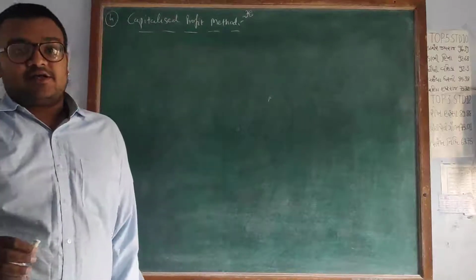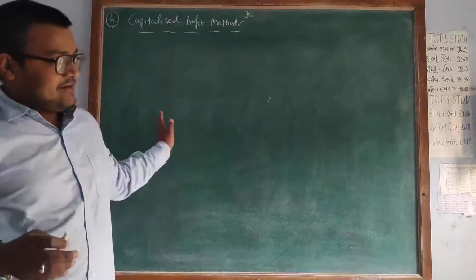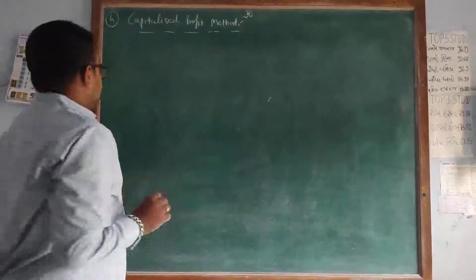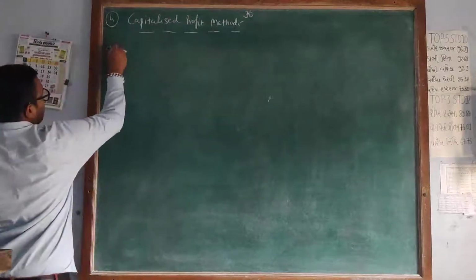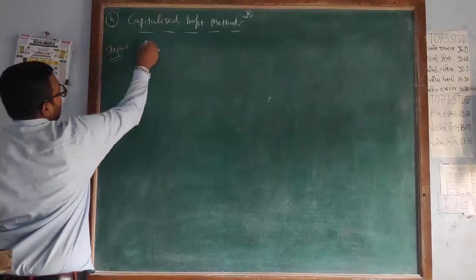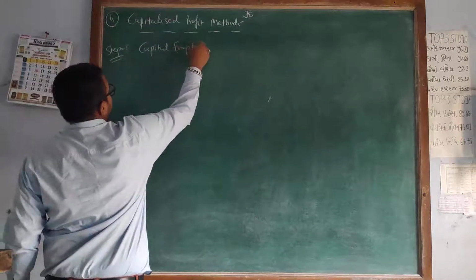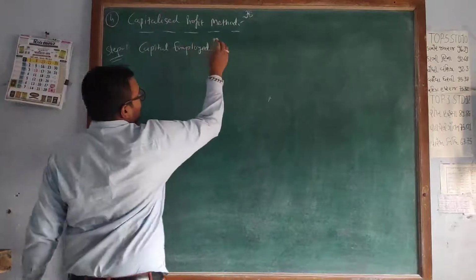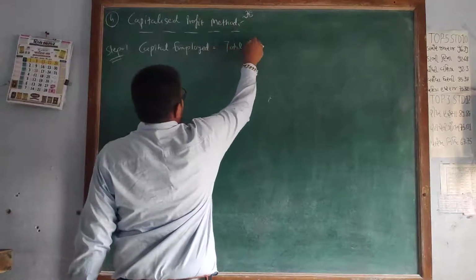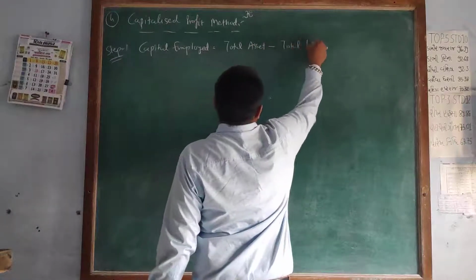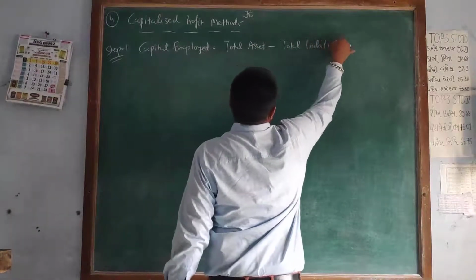Now in this method, the same as the above one, step 1, capital employed, total asset minus total liabilities.